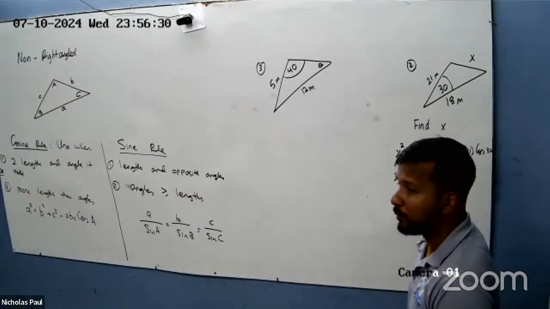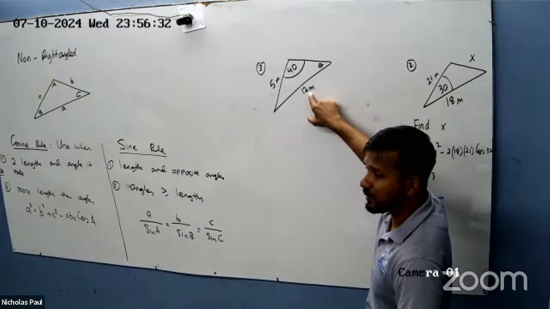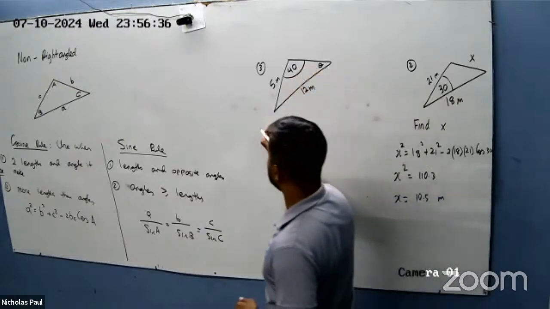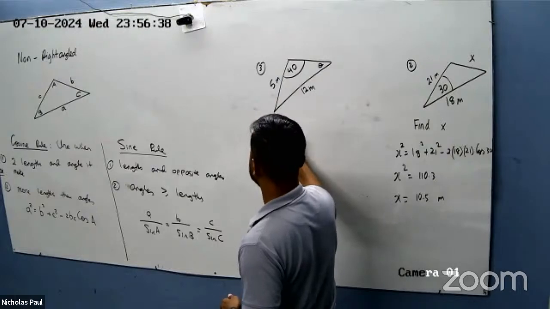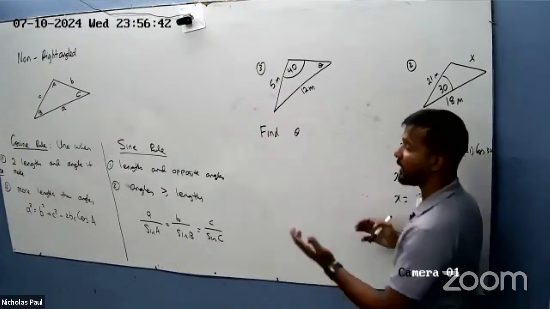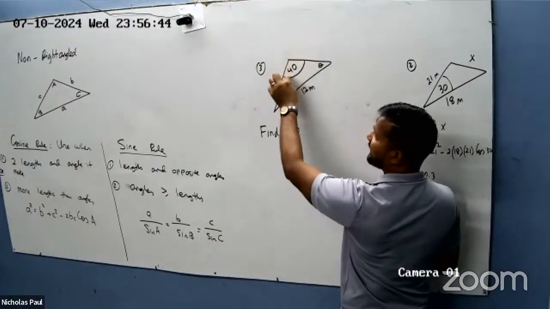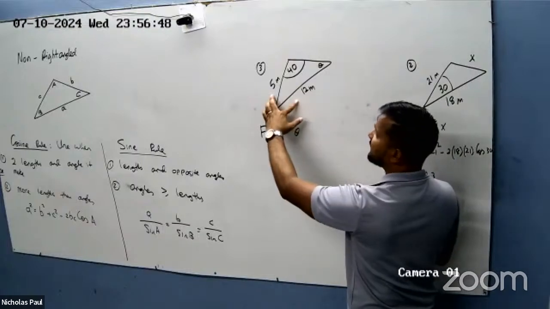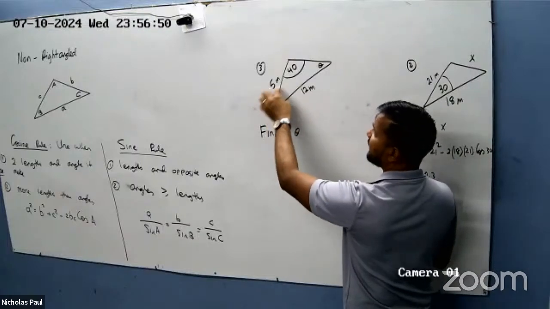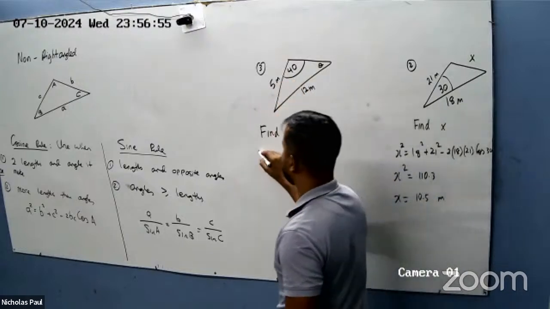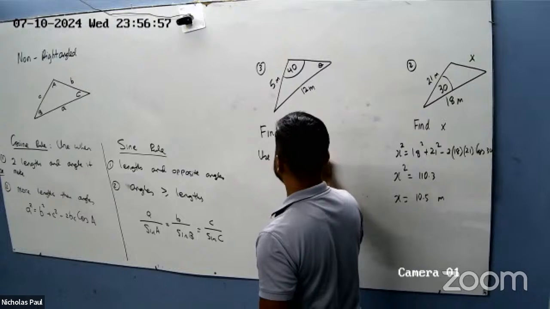Because you have length, opposite angle, length, opposite angle. So they want you to find theta. You can't use the cosine rule here because you don't have the two lengths that make the angle. So you have the length and the opposite angle, which means we are going to use the sine rule.